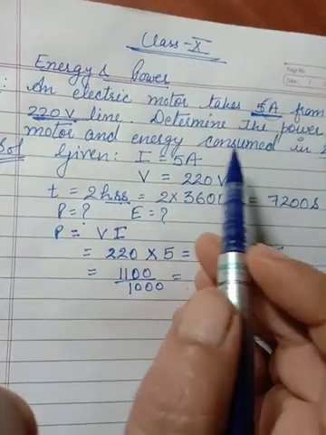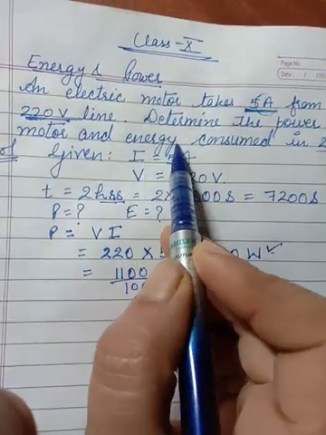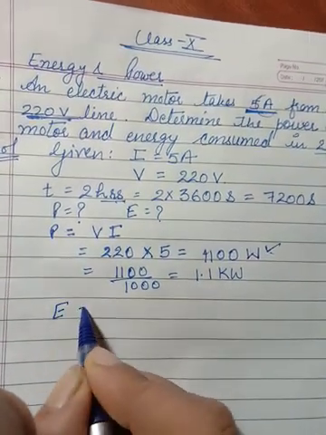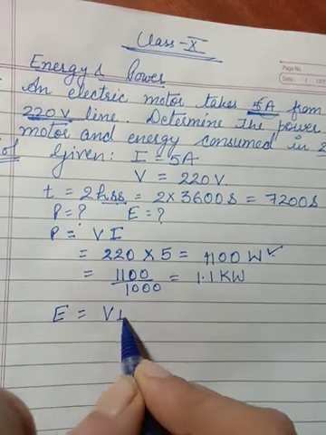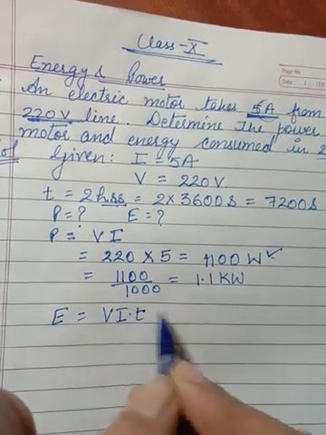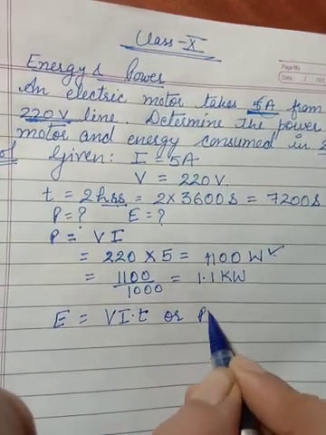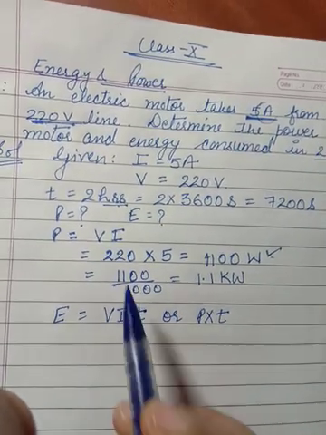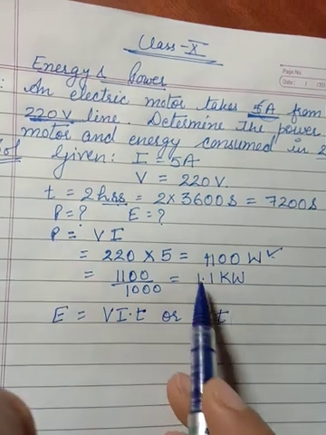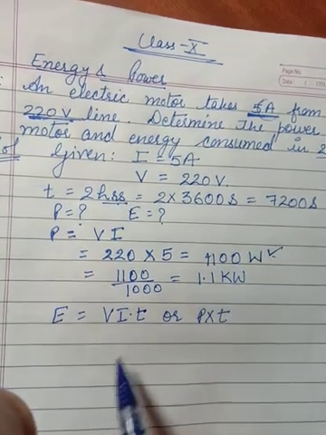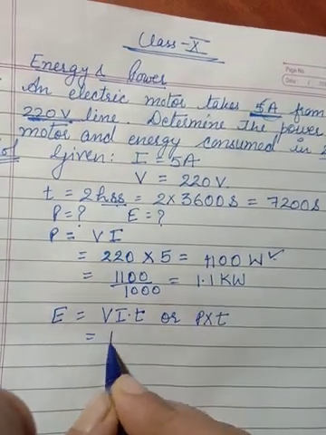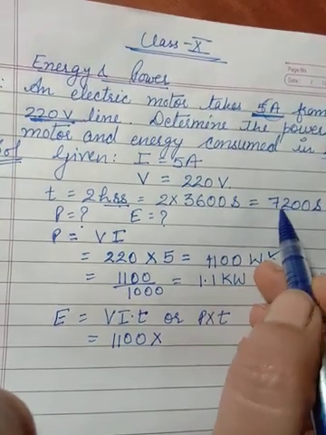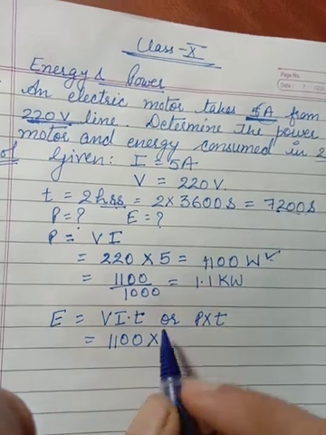Now the second thing that is asked is we have to find out energy. We know that for energy we can do V into I into T, or power into T. Power we have found, power is 1100 watt. So power is 1100 into time is 7200 seconds.